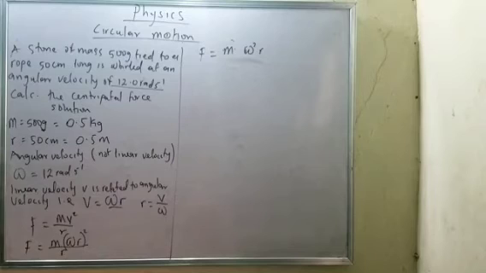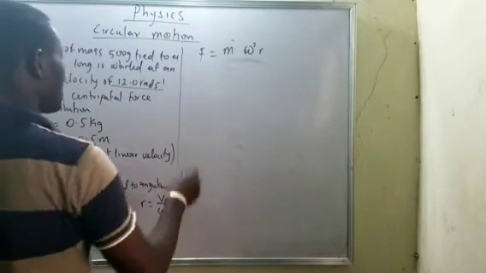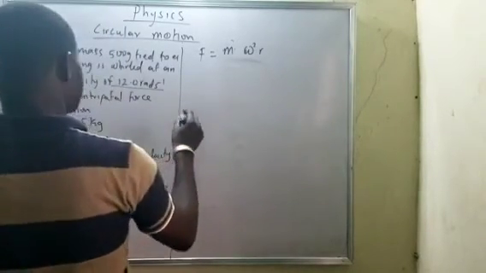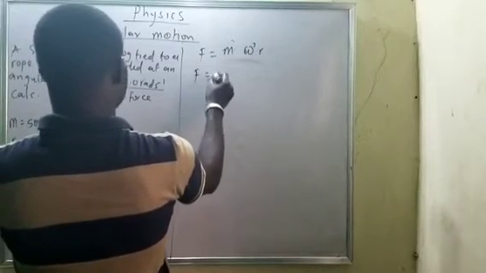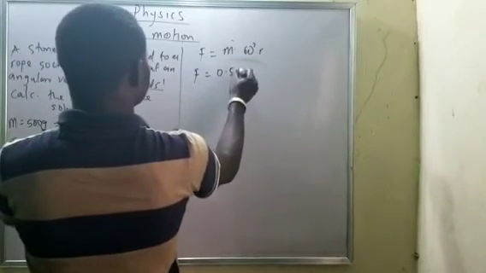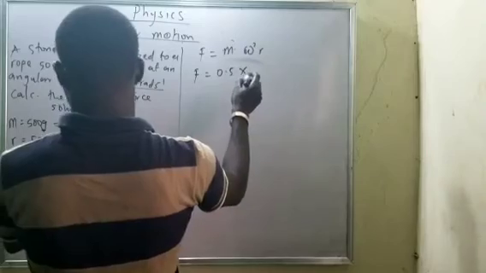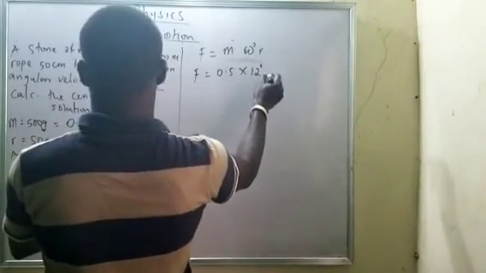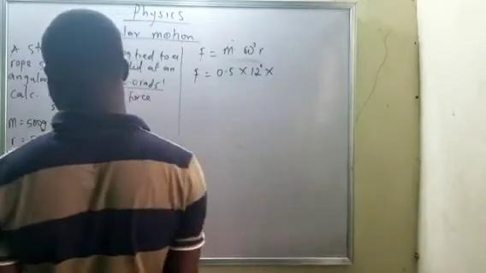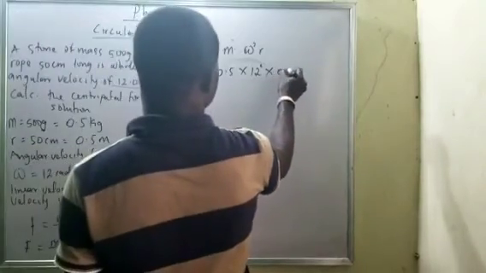Mathematics comes into play now. Since I have it that way, I can continue. What are the things I have here? I have my mass, which is 0.5, multiplied by angular velocity, which is 12 squared, multiplied by my radius, which is 0.5.